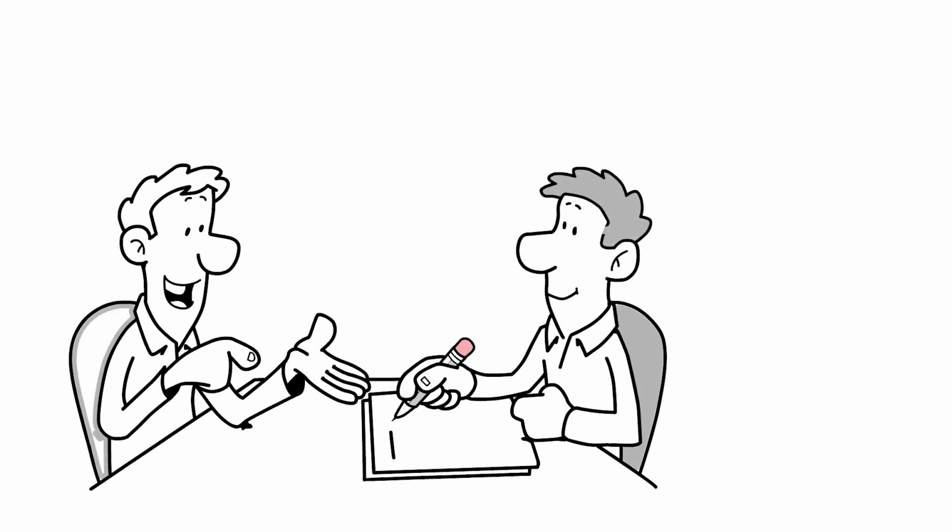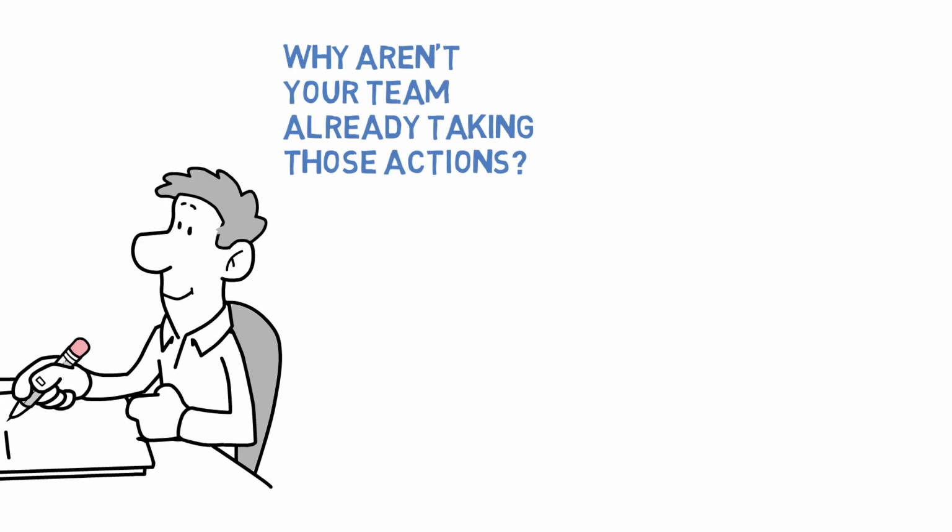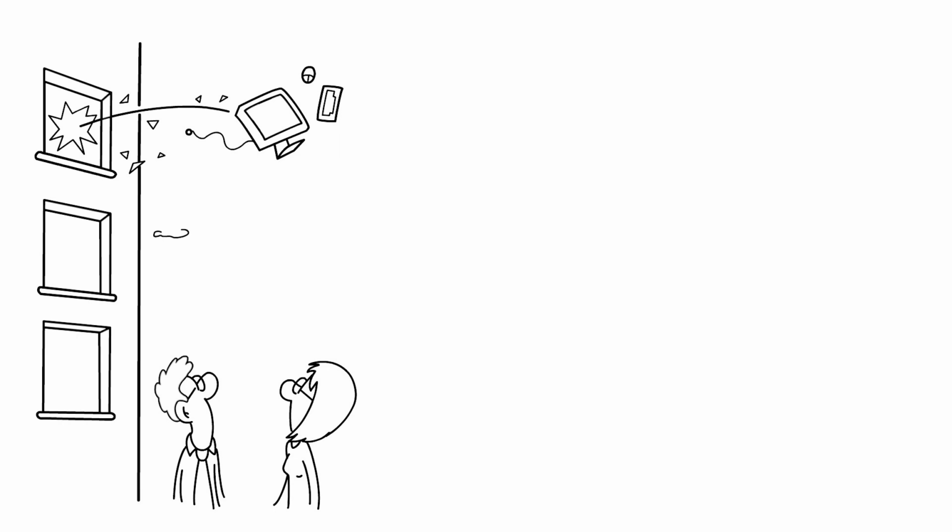No, there's still a step to go through before you can be sure whether a course is the right solution. That step is to ask why the employees aren't already taking those actions, and what changes could help them to take those actions. For example, it might turn out that the lack of effective information sharing is to do with badly designed customer management software, and therefore training may not be the solution.